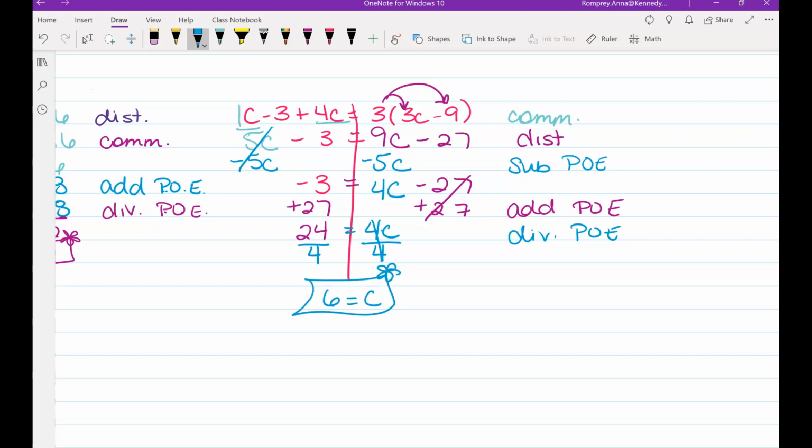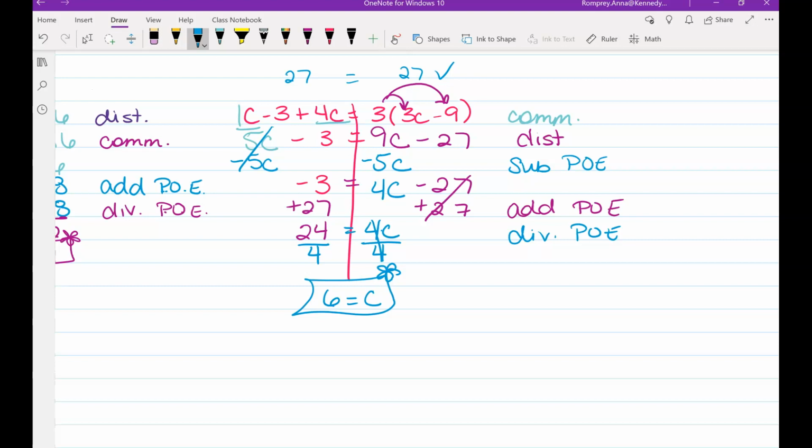And if I plug back in, 6 minus 3 is 3. Then 4 times 6 is 24, so 3 plus 24 is 27. Hopefully I did that right. On the right side, 3 times 6 is 18, 18 minus 9 is 9, 3 times 9 is 27. 27 definitely equals 27. So just a quick check at the end.